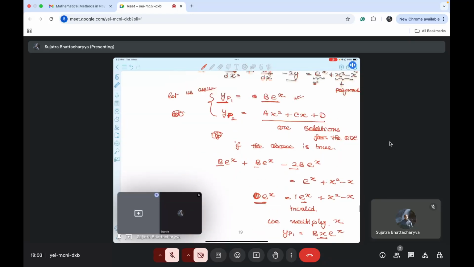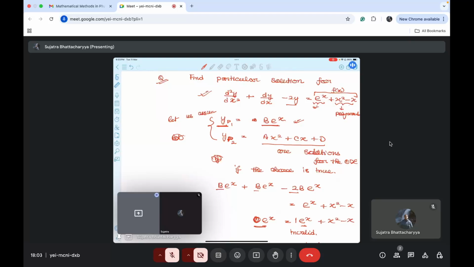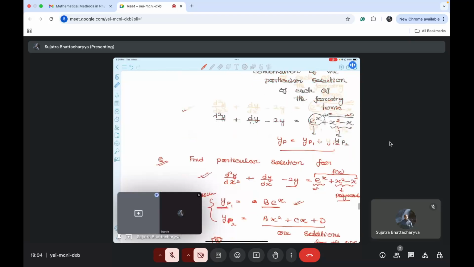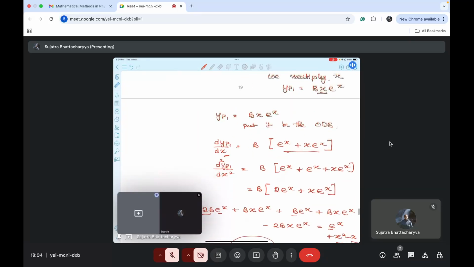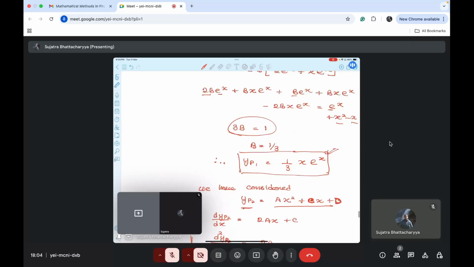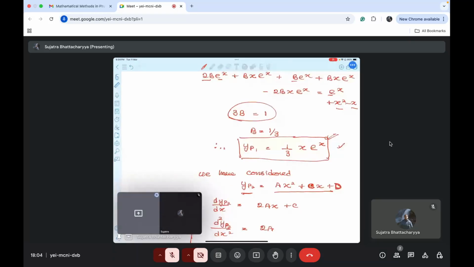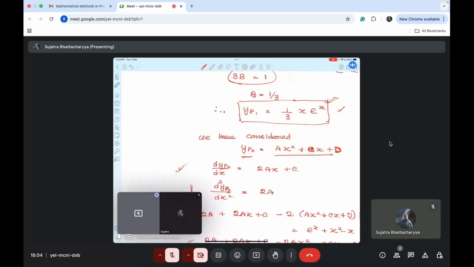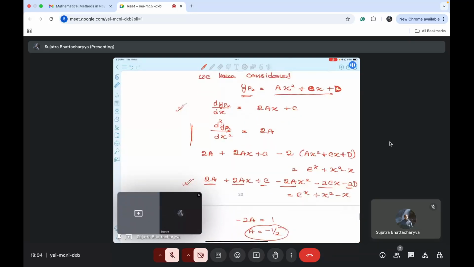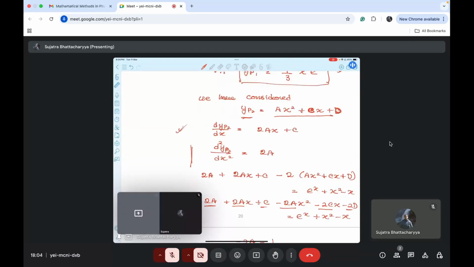Corresponding to this particular equation, x square minus x, which is a polynomial. This is regarding the superposition principle for finding the particular integral. We have found the exponential one, but for the polynomial function, we haven't really got into that. So we have assumed yp2, for the polynomial, as the particular integral function.